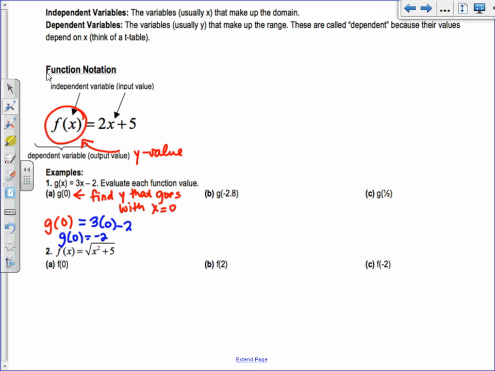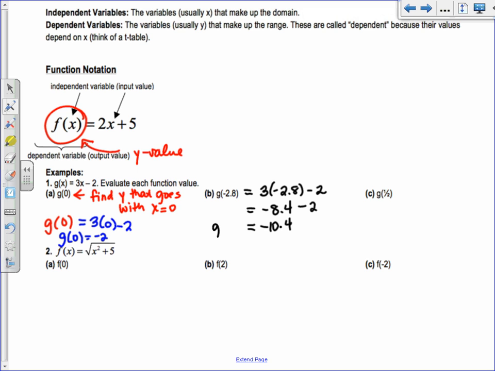All right, so let's try this next one. g of negative 2.8. So I have 3 times negative 2.8 minus 2. So 3 times negative 2.8, is that negative 8.4? Check it for me. All right, minus 2. So you get negative 10.4.